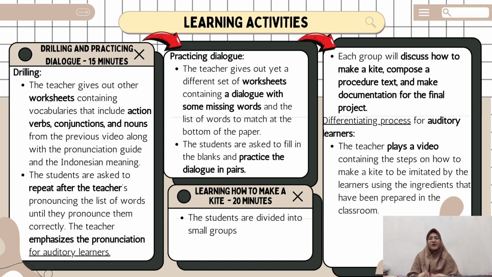Next, each group will compose a procedure text after they have learned to make the kite. The audio from the video and the discussion among the group members in this activity will help the auditory learners understand the material better. This activity will take about 20 minutes.